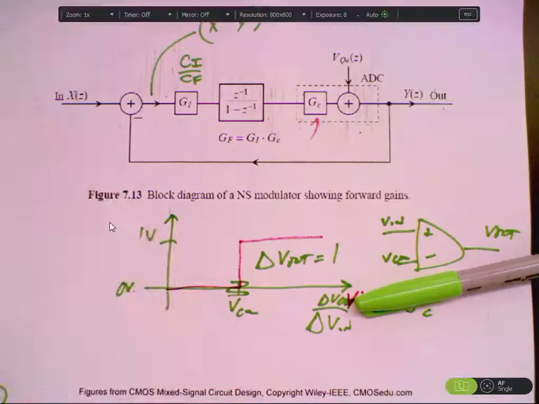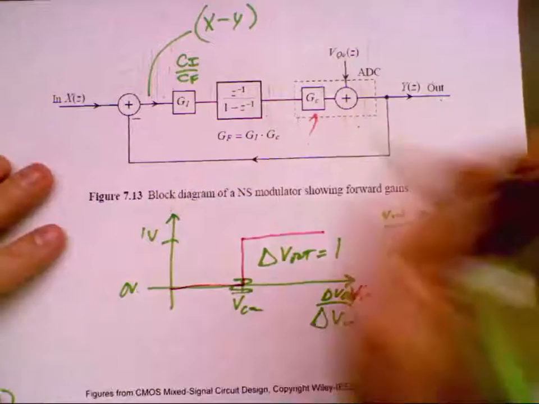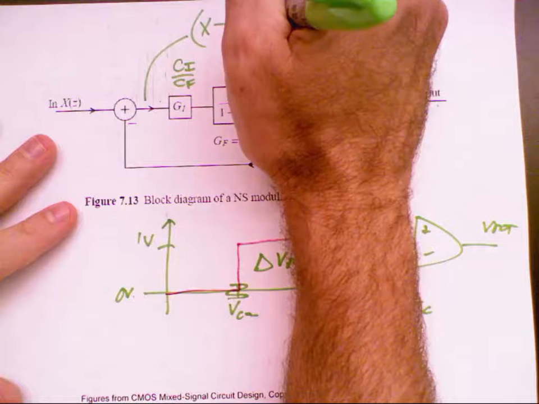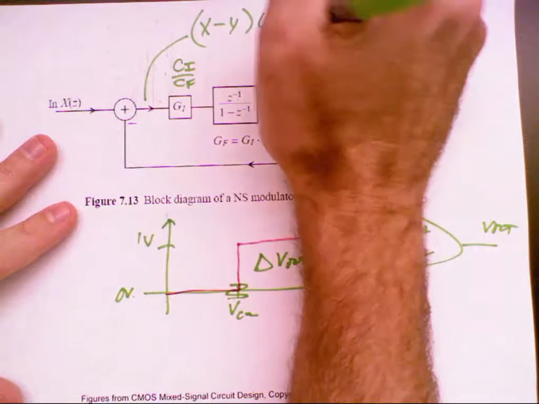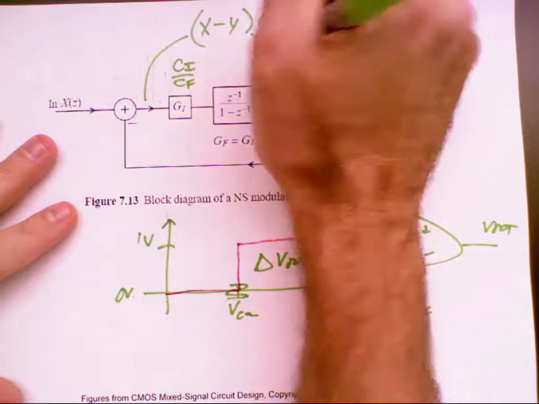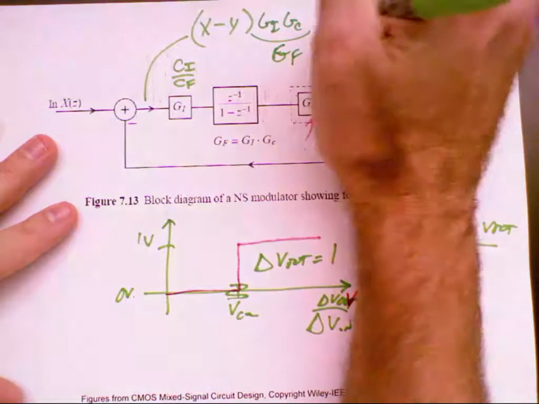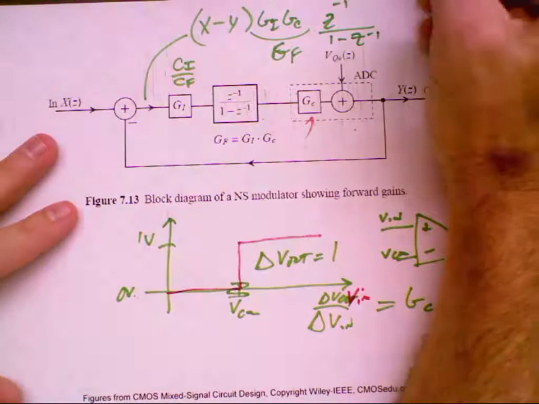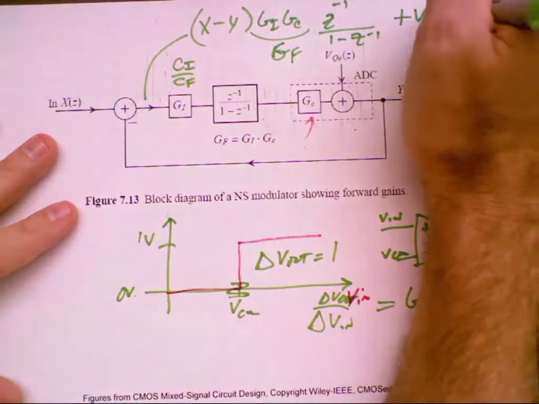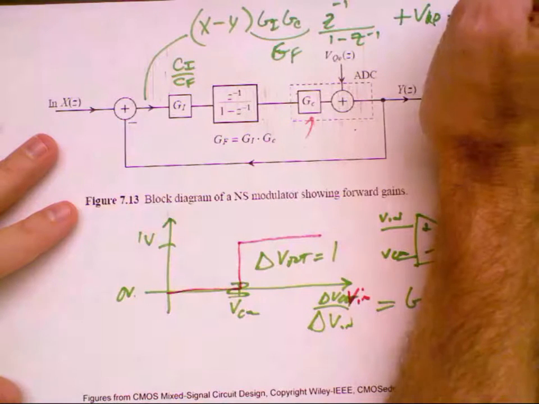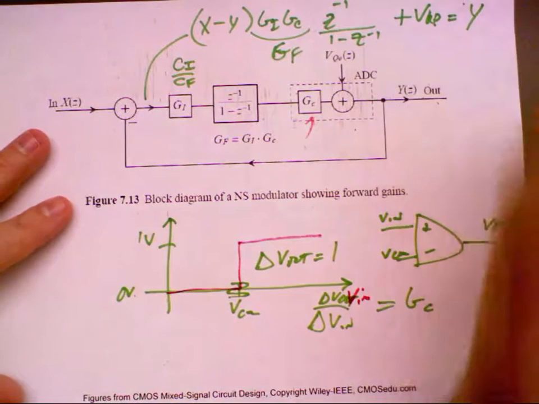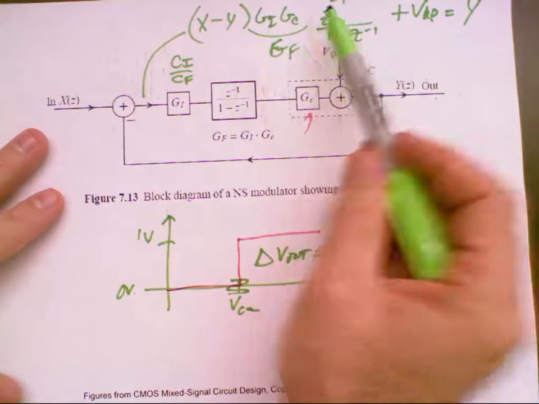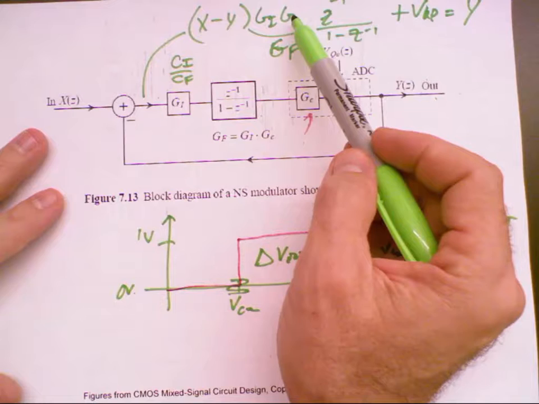So let's go drive this real quick. And this would be GI, GC, which I think I called GF, and then z to the minus 1 over 1 minus z to the minus 1, all over, plus VQE equals V out, or equals Y. And so you notice that when we solve the algebra, the z to the minus 1 is multiplied by GI GC.